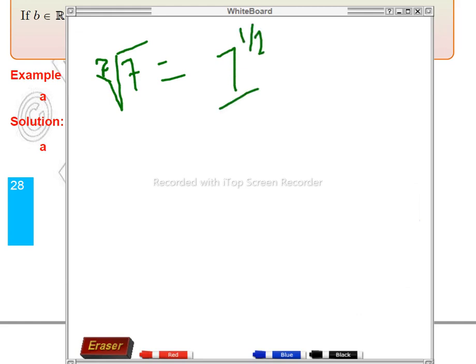This is the exponential form of this. Another example, the cube root of 7 means here we have 3. When we write this in exponential form, it is 7 to the power of 1 over 3.